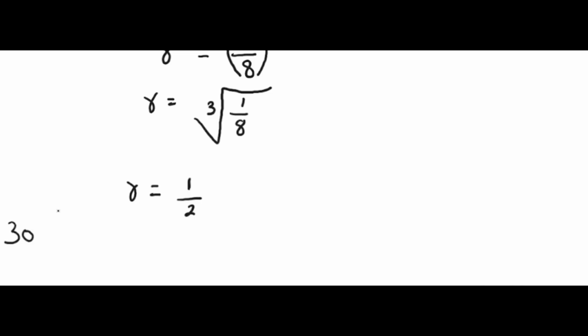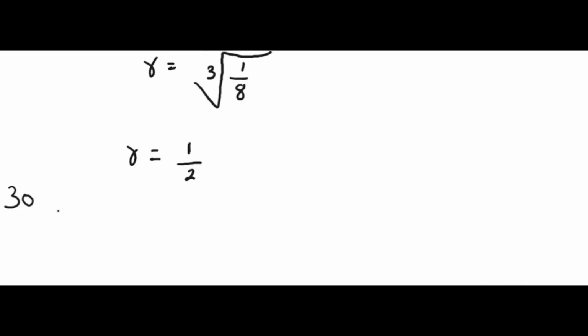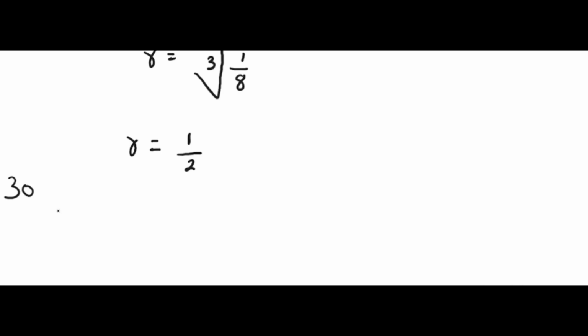So moving forward to number 30, the question says an amount of 600,000, that is A, equals 600,000 naira was realized from a principal Y saved for 5%.